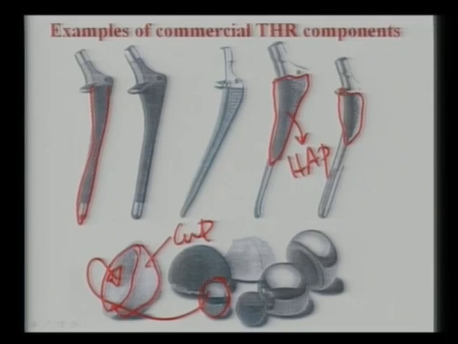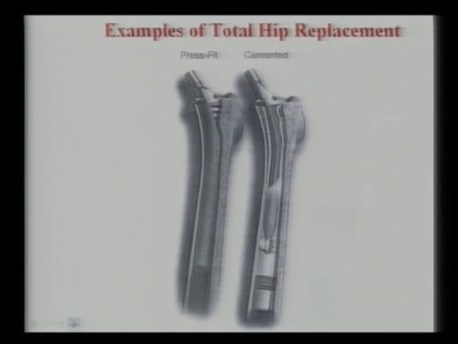Now this cup can be made of metallic, or this cup can be made of the polymeric parts also. Now these are two different types of total hip replacement materials. One is the press fit and one is the cemented. Cemented means the cementing material used here is polymethyl methacrylate, that is PMMA, which is widely used as the bone cement material.